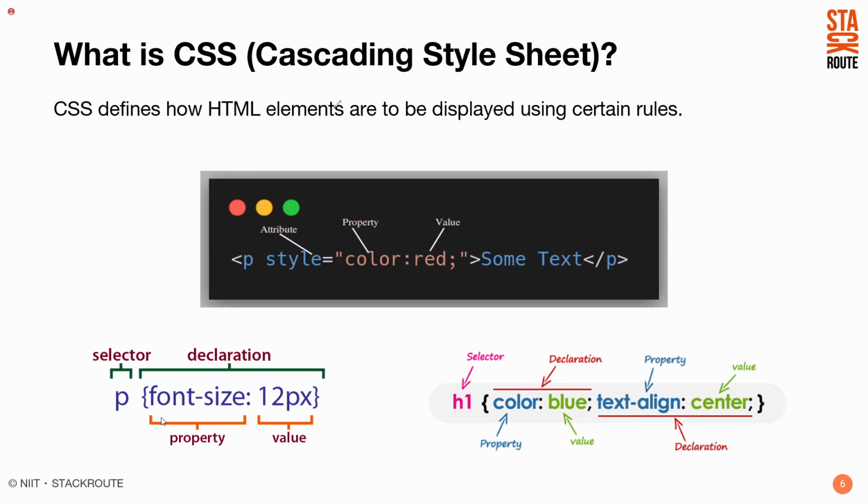So if you look into the block, you may be aware of the paragraph tag. You will find a paragraph open tag and a paragraph close tag. Styles can be applied in three different ways: type selector, ID selector, and class selector. So this is your type selector, and it is also called inline style.